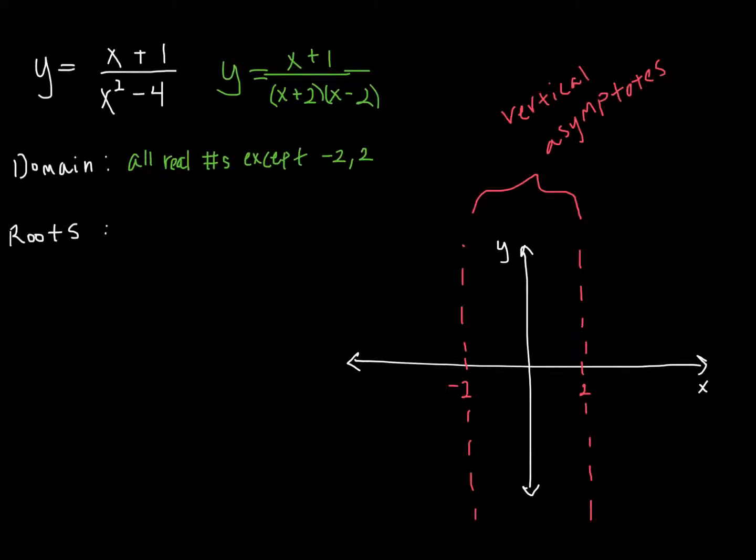Alright, now let's take a look at the roots. The roots of a function are the x values for which the y value will be 0. And so we can figure that out by setting the y value equal to 0 and solving for x.